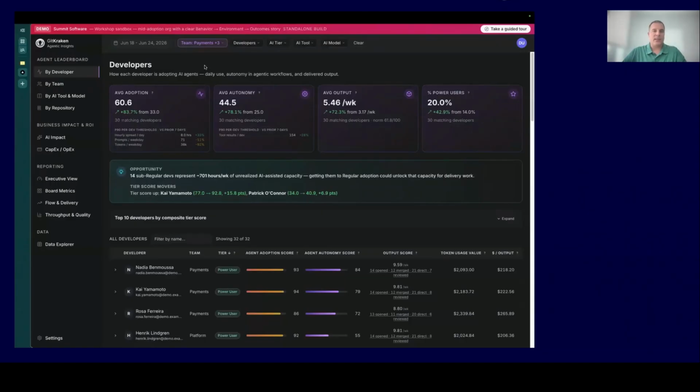What I'd like to start with is answering that question, right? Who's using it? Who's using it well? What we're looking at here in our developer view for our agent leaderboard, we bubble up some headline metrics that can help give you that answer. One at an organization level, but here at this team level. So what's the average adoption for this particular team?